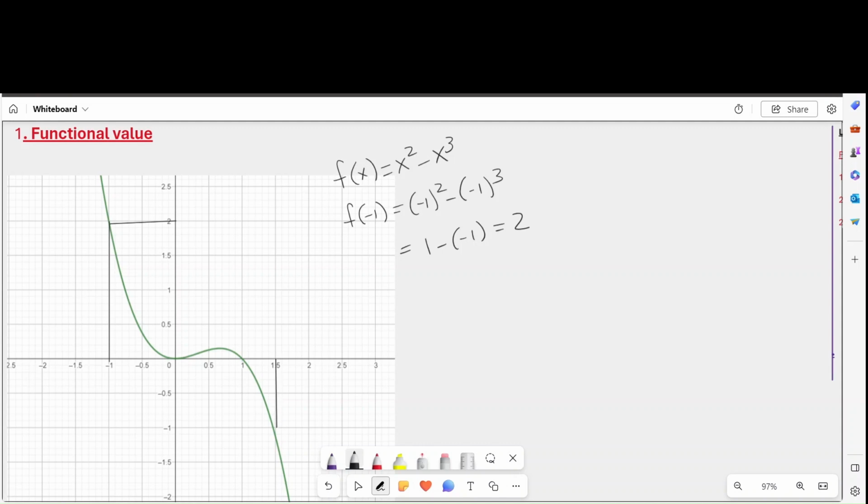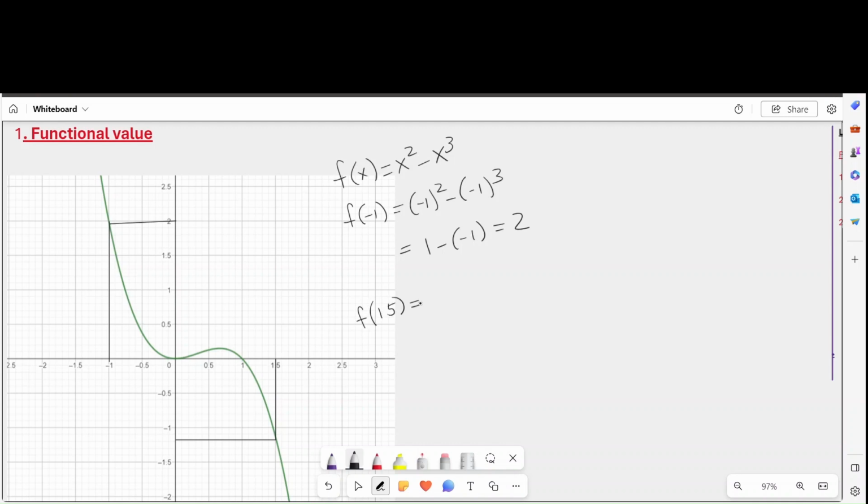Firstly, we draw a vertical line through x equals 1.5 until the vertical line touches the graph. From this point, we draw a horizontal line towards the y-axis. This value here would be the functional value of x equals 1.5. It's not clear on the graph what the numeric value is of the functional value, but we can calculate it algebraically as follows.